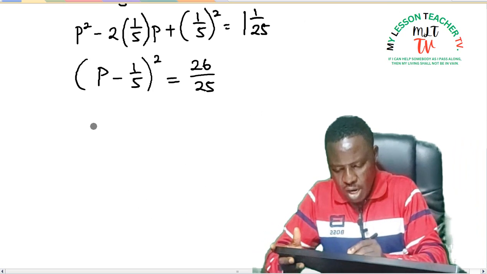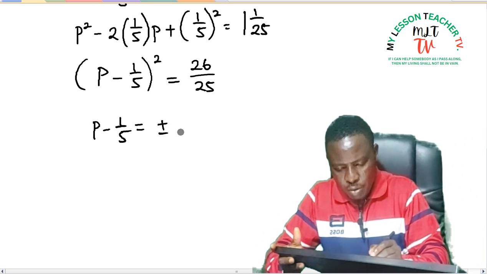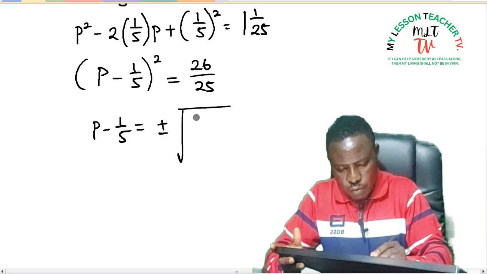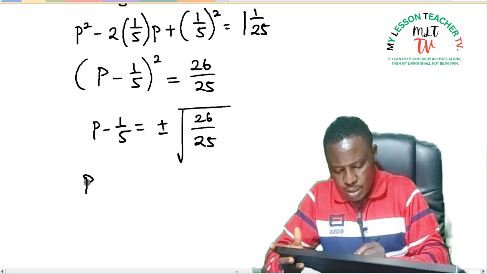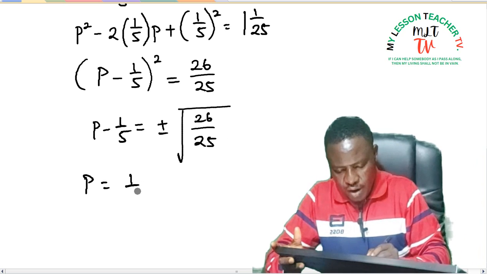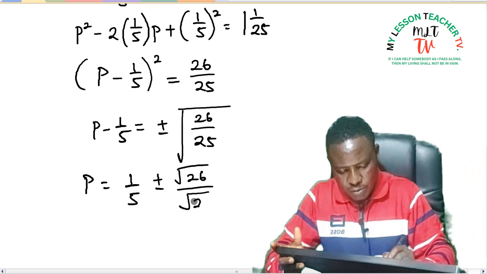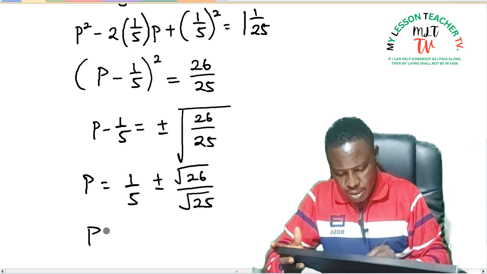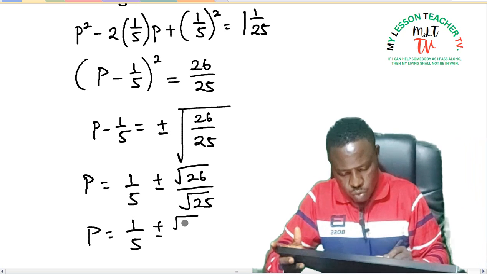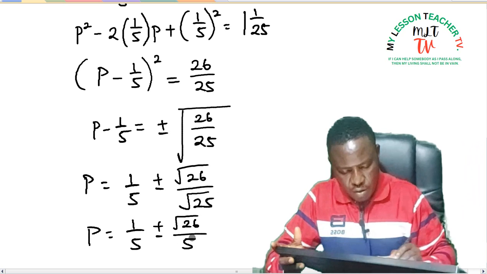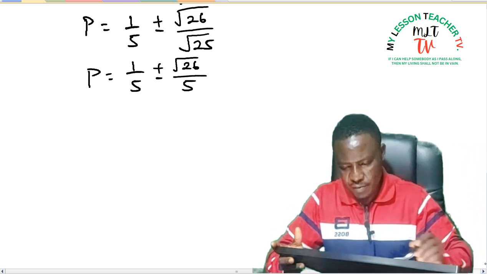Finding the square root of both sides, you have p minus 1 over 5 is equal to plus or minus square root of 26 over 25, and p is equal to 1 over 5 plus or minus square root of 26 divided by square root of 25, and p is equal to 1 over 5 plus or minus root 26 divided by 5, for the square root of 25 is 5.